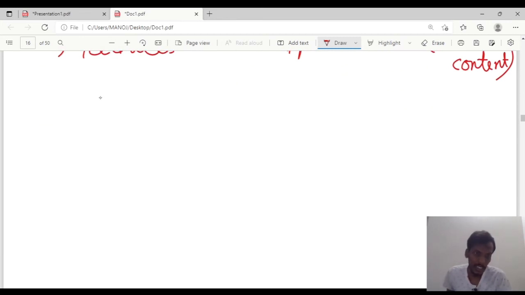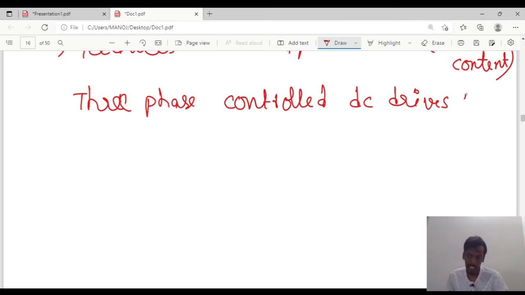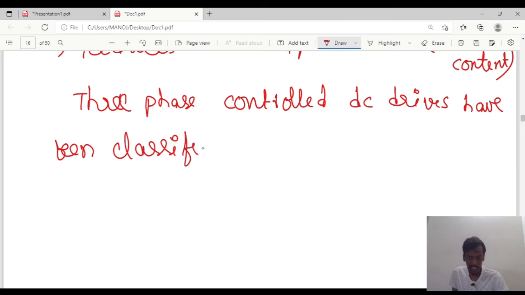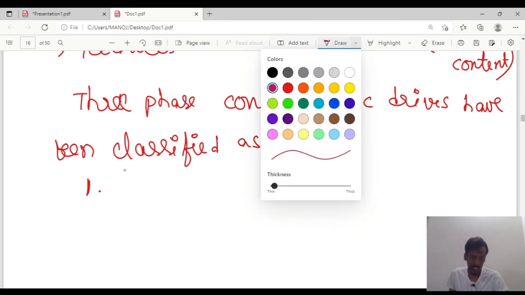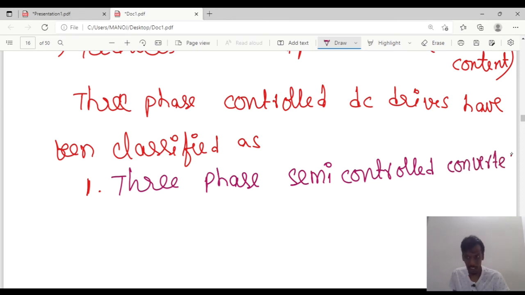These three-phase controlled DC drives are classified as, first one, three-phase semi-controlled converter DC drive.